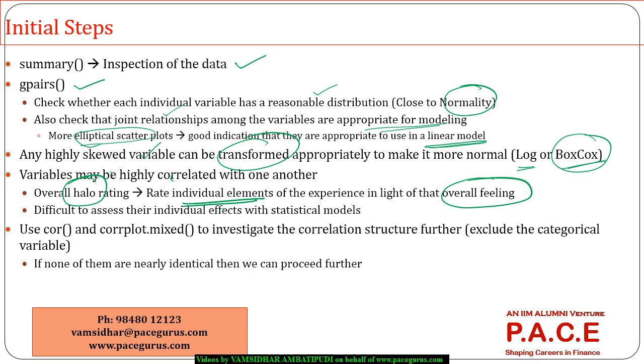So it is very difficult to assess. If that kind of halo rating is very heavily seen in the data, then individual effects cannot be easily distinguishable. So just to understand that particular part, I am using the correlation and corrplot mixed package functions to get appropriate numbers, to really see whether exactly one kind of correlations are present.